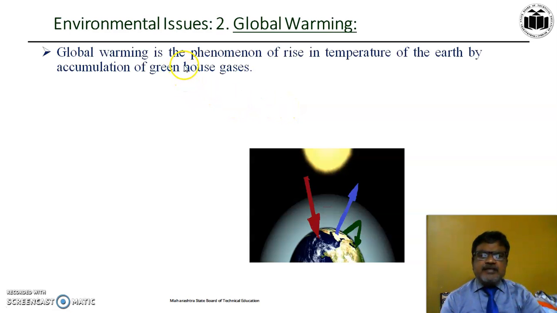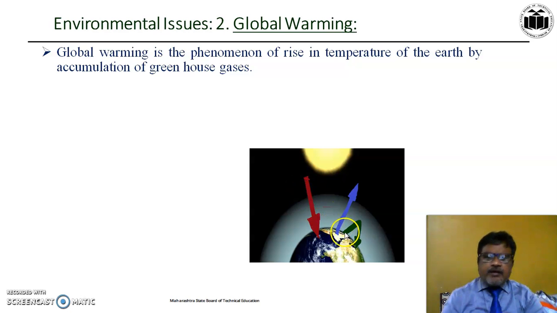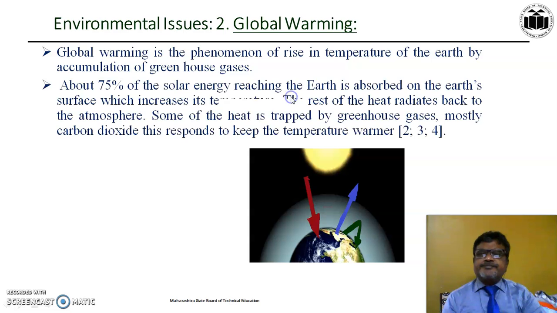Global warming is a phenomenon of rise in temperature of the earth by accumulation of greenhouse gases. This picture gives you the idea about global warming. Here, whatever infrared rays come onto the Earth's surface, some rays are reflected, but some rays come again onto the Earth's surface, by which the temperature of the Earth increases.